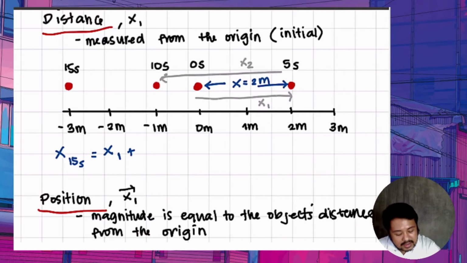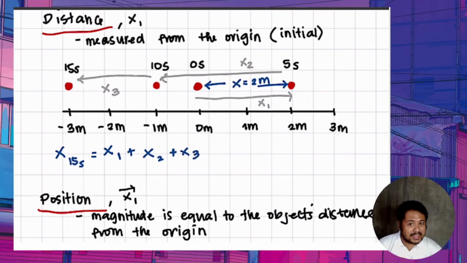So plus x2. And then after 10 seconds, it went to 15 seconds, to -3 meters. So from 10, it goes here. Let that be x3. As you can see, x total is equal to x1 plus x2 plus x3.